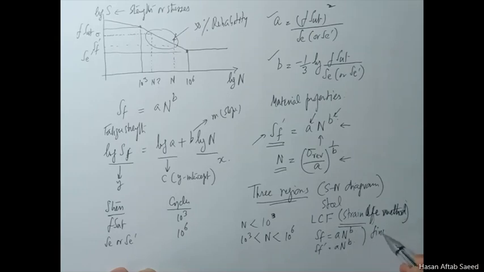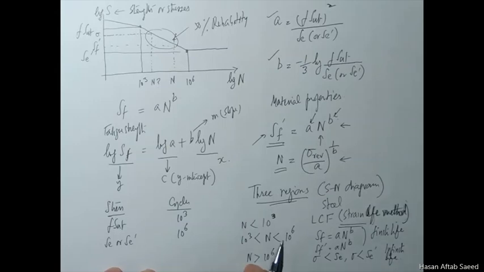This is called the finite life region. And N greater than 10 raised to 6, of course you just make sure that your stress is less than the endurance limit, or less than this prime, and this is infinite life. This is the summary of how we'll be dealing with these.